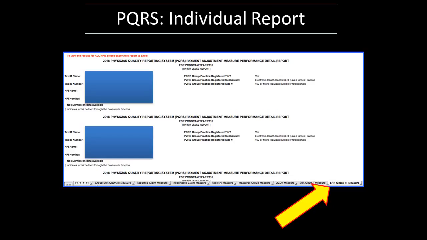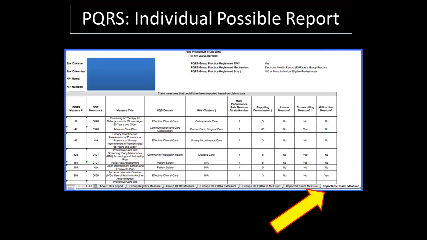While this is reported out on the level of the entire tax ID number, through the various tables, individual performance can be ascertained as well, as denoted here by the arrow. What's interesting, CMS also provides a list to organizations that will provide data that CMS has available through claims.